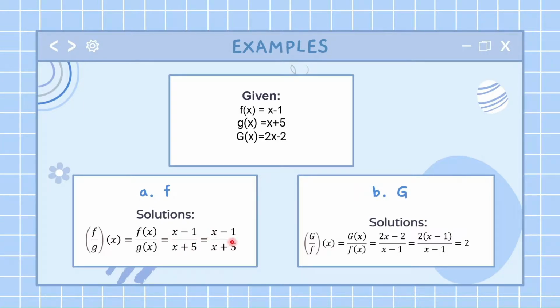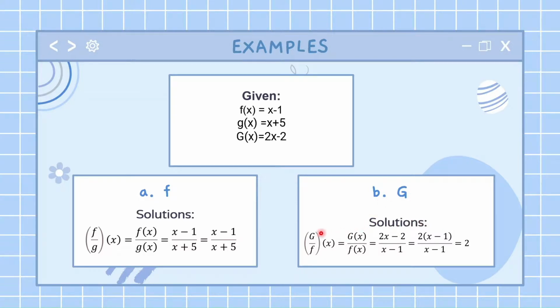So it would be x minus 1 over x plus 5. Very easy. Just substitute. I'm sure you can notice a pattern in which we just substitute it with the given value. So just remember to substitute, and make sure when you substitute, you're substituting with the proper and correct values. Now let's head on to example B.